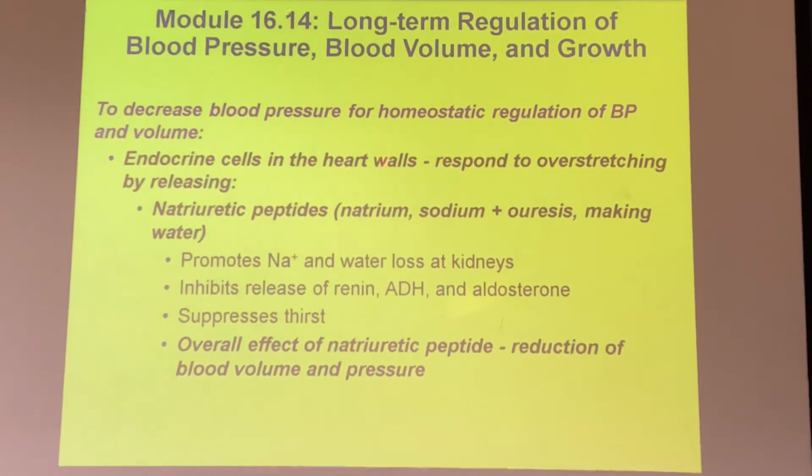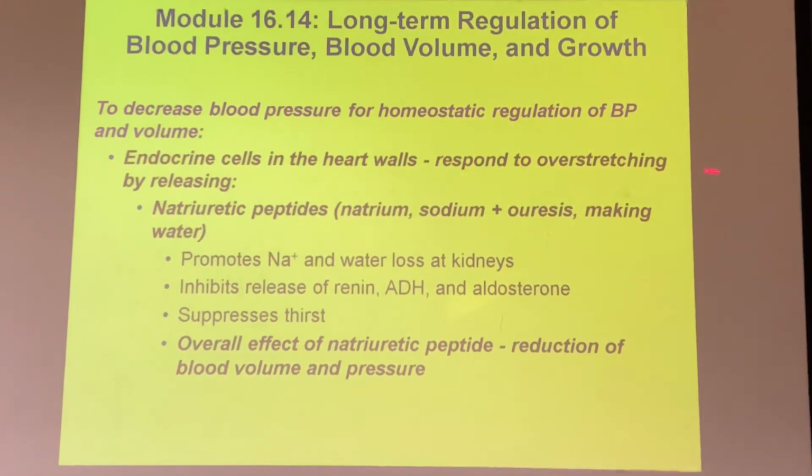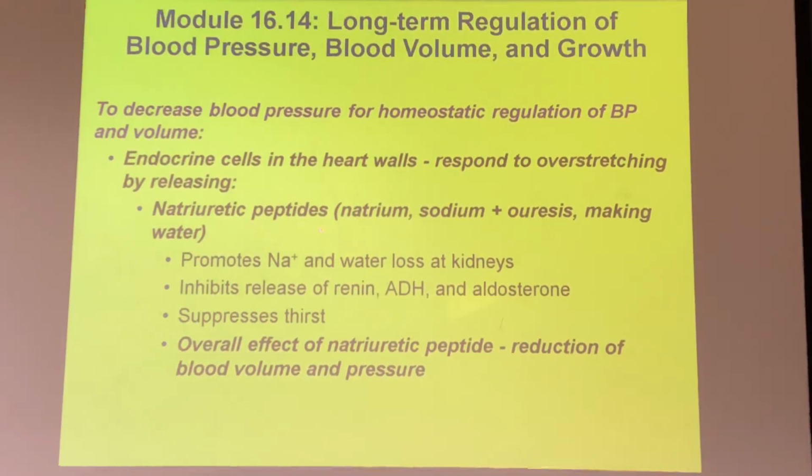When you have to decrease the blood pressure, for controlling the internal environment, what happens? The heart has a wall, and it responds to overstretching by releasing this hormone, natriuretic peptide. Natri comes from the word sodium and uresis means making water. So the effect of this natriuretic peptide is reduction of blood volume and pressure.